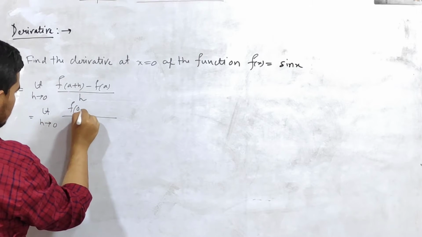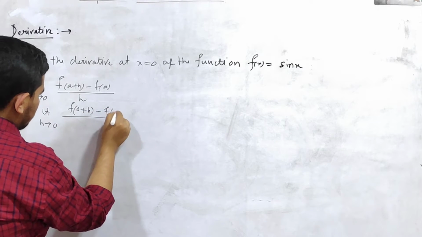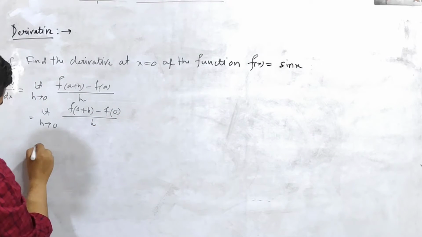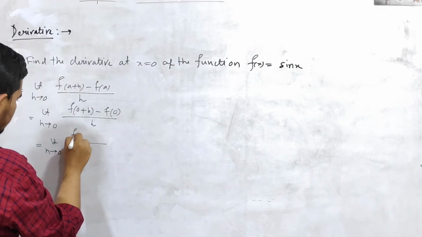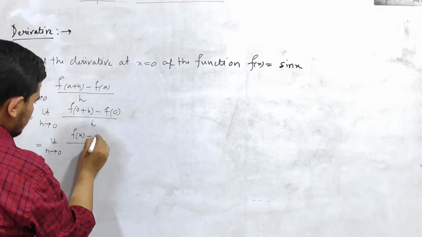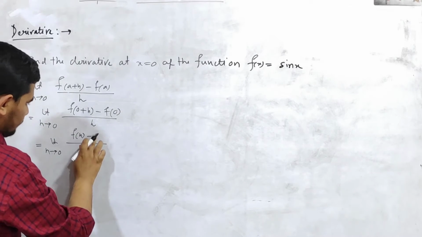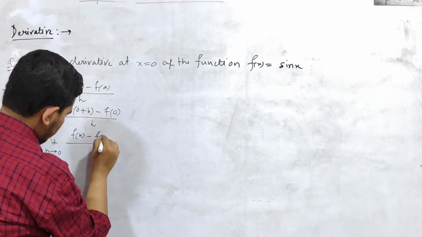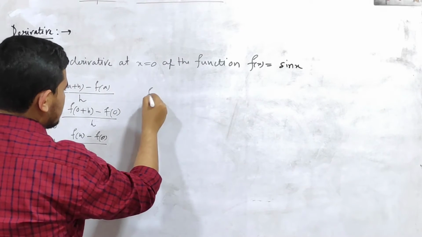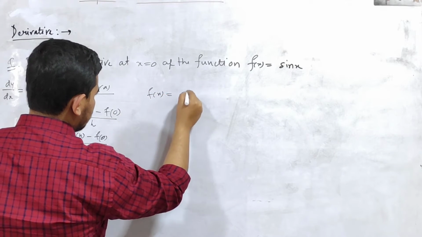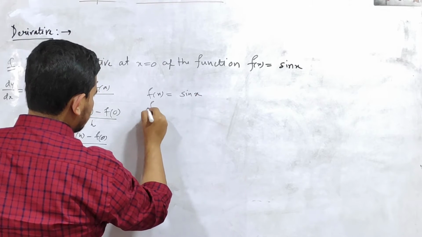So this is limit of (0 plus h) minus 0, divided by h, which is f of h minus f of 0, over h. Here f of x is sin x.